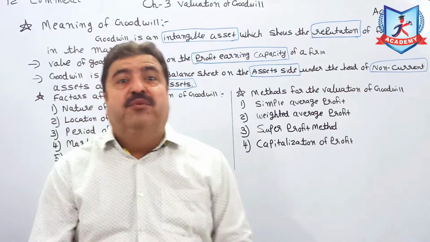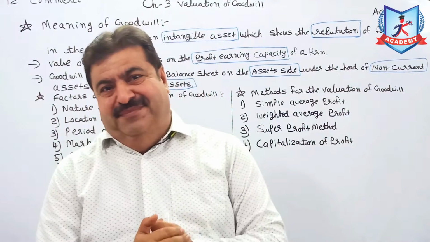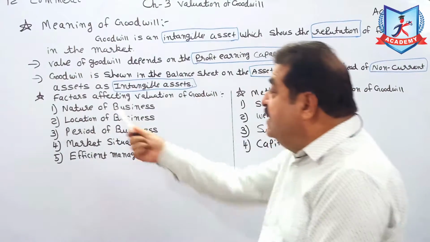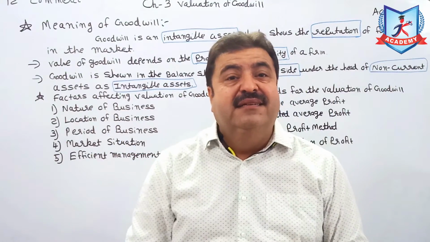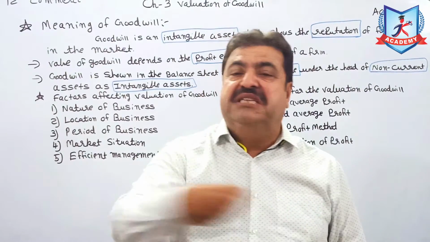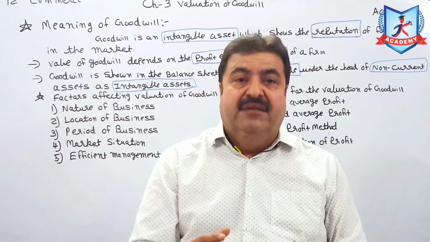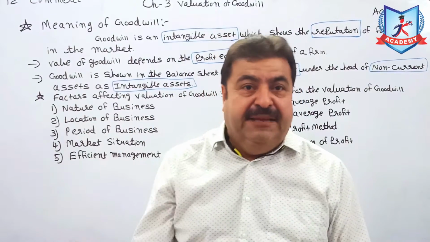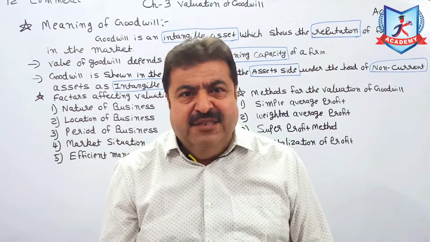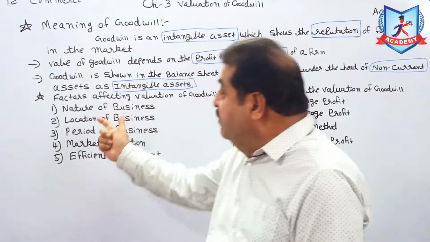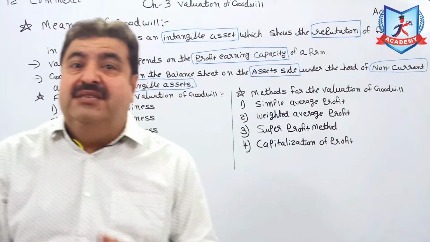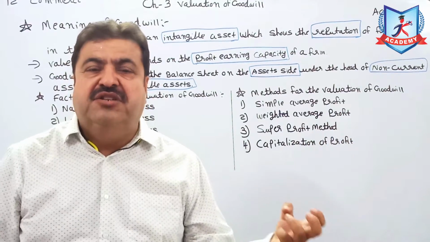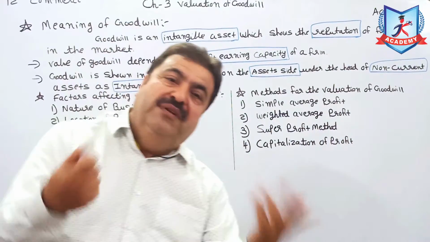Goodwill depends upon many factors. For example, nature of the business: the business in which your sales are regular and stable, and if you add some additional facility, you earn more profit. Then location: if your business is in a central area, prime location, good area, then goodwill is more.